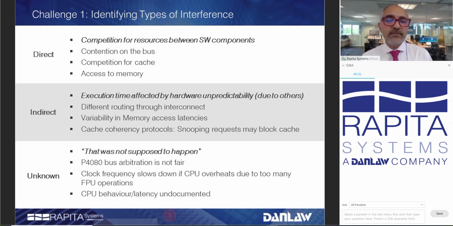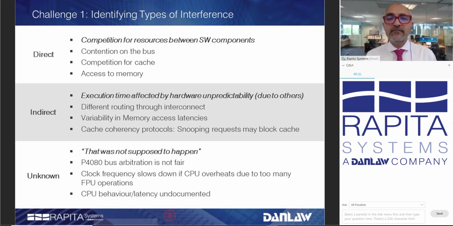The harder part to identify, especially for the more safety critical systems, is what I call the indirect interference channels. This is where the behavior of a transaction, of an access to memory or an operation, is affected by a dependency that is not direct or not obvious, and usually because of the two others.